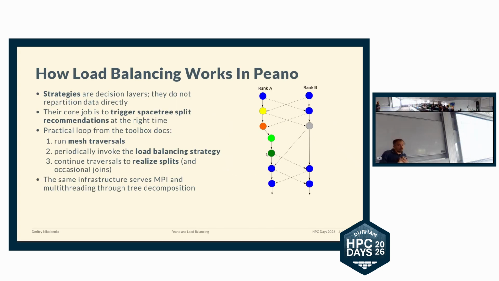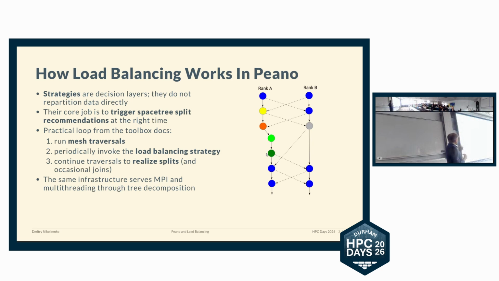So how does load balancing work in Peano? Strategies are decision layers which tell Peano how to split the trees. Trees are the way information about the mesh is stored. It's organized through space trees.